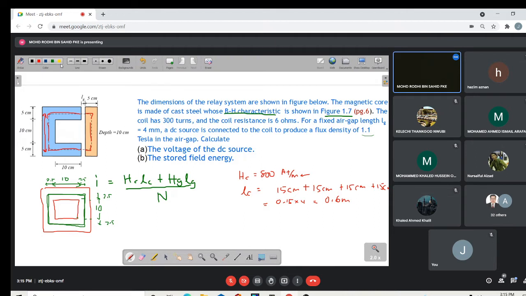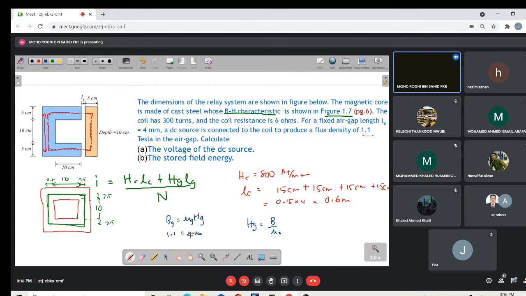Next is Hg. So Hg is equal to B divided by mu naught. As I said just now, B equal to mu H. If you want to find the air gap, this is for sure for air gap: 1.1 equals mu for air gap, which is mu r multiplied with mu naught.